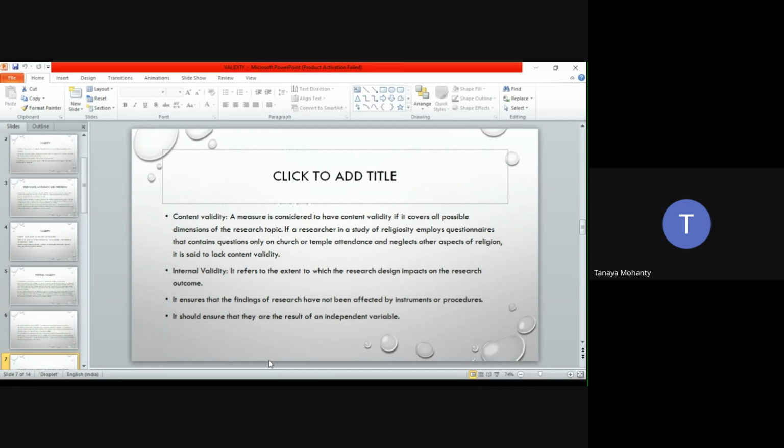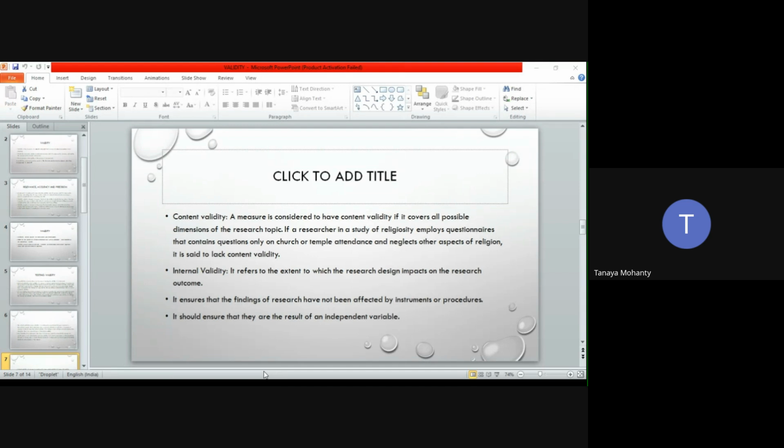I haven't added any question on those dimensions. I'm just looking into the superficiality of this idea of religiosity, because I believe that going to church or reading that religious book is enough. So here I can say that my questionnaire doesn't have content validity, because it has not covered all the contents of conducting a proper study in that field.